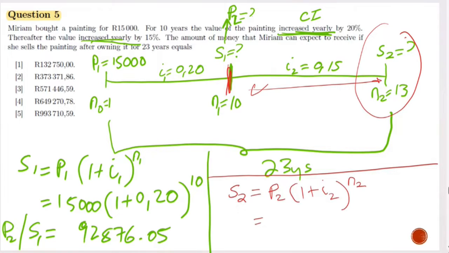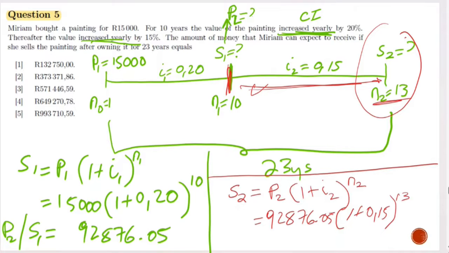Okay, so now my P2, I've already calculated my P2. My P2 is 92876.05 into 1 plus my I2, remember for this period, my I2 is equal to 0.15. Okay, and then my N2, I've already got my N2. My N2 is 13. Voila, I've got everything.